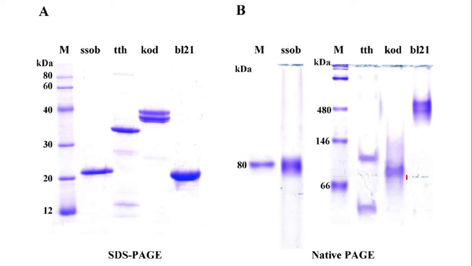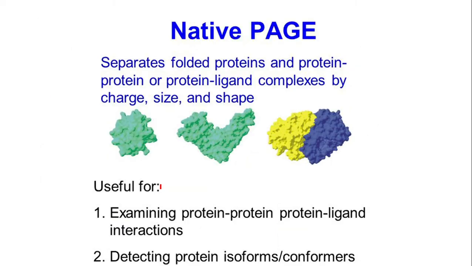And the result we get, of course, will vary depending upon our purpose. For example, if we want to make use of the protein separated for further analysis, then we should definitely use native PAGE, because during SDS PAGE the proteins are denatured and we cannot use them for further analysis. This is about native PAGE.